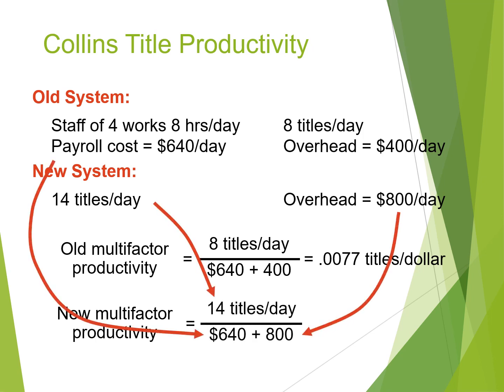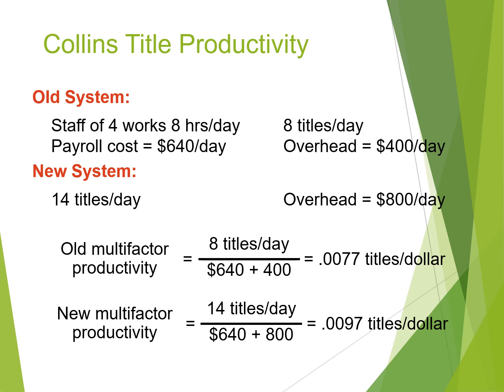The change is computed by subtracting 0.25 from 0.4375, which comes to 0.1875. Then you divide it by 0.25, which is equal to 0.75, or a 75% increase in labor productivity.